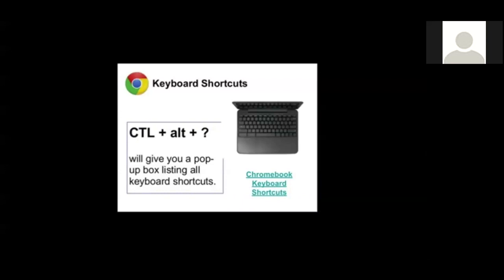Once you've looked at those, you can also try this with Shift, and it'll show you when you hold Shift and other keys, what function it will enable. And also try it with Alt. As you can see, as you're exploring this, there are many different ways to enable functions just using your keyboard.